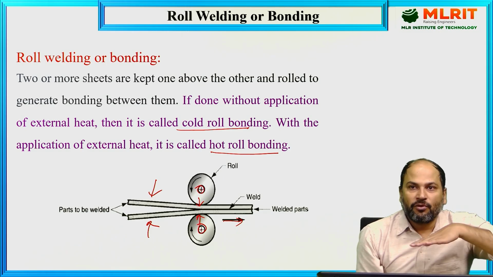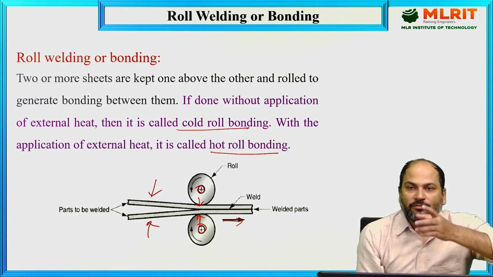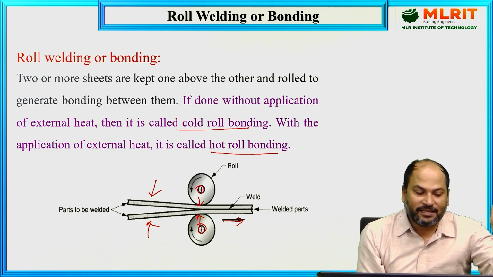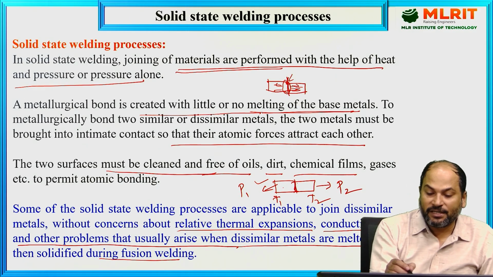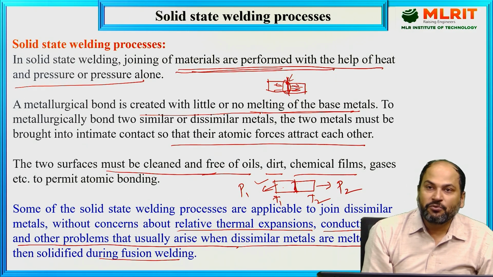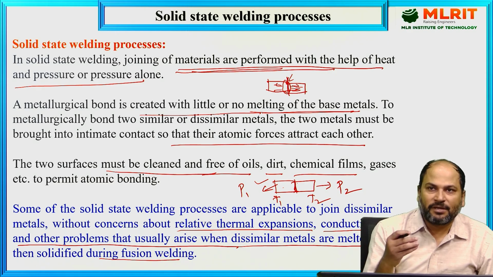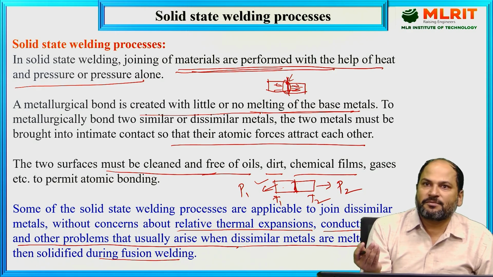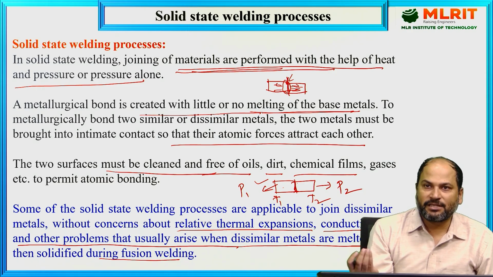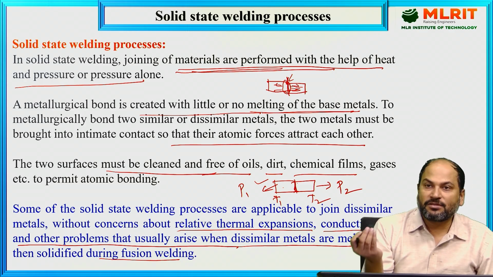So in this roll bonding, both things are possible. As we defined at the starting of solid state welding, pressure or heat is optional; in some of the processes pressure will be used, in some heat will be used, and in some both will be used.